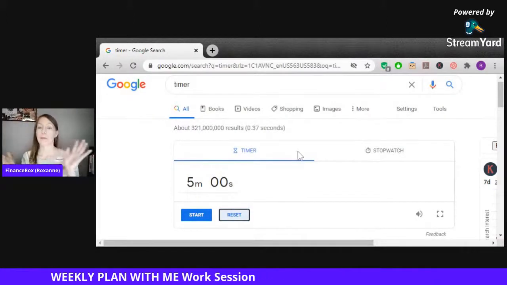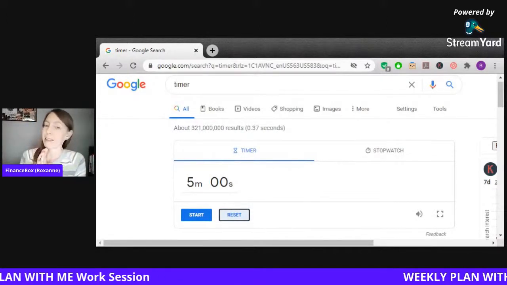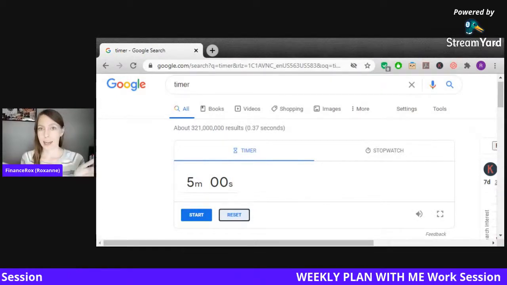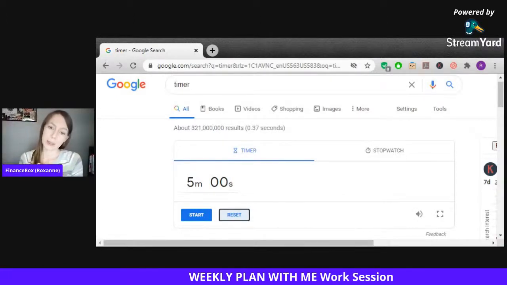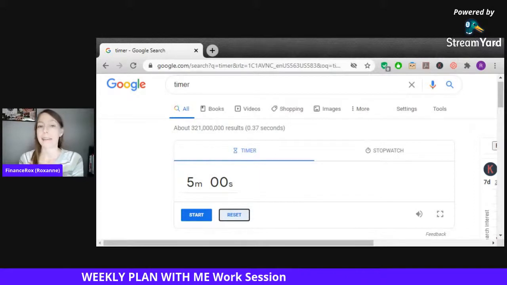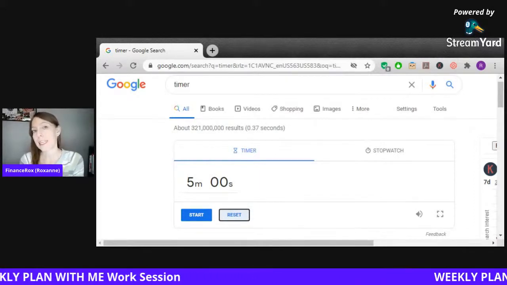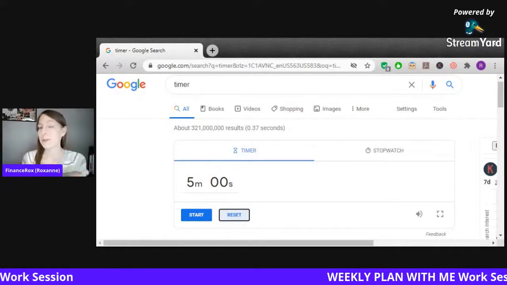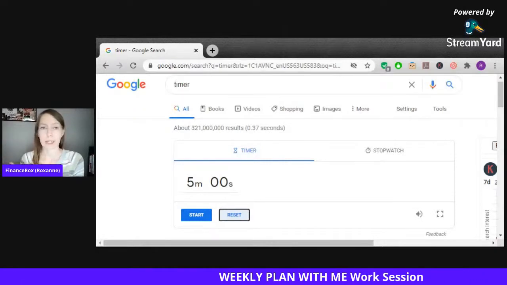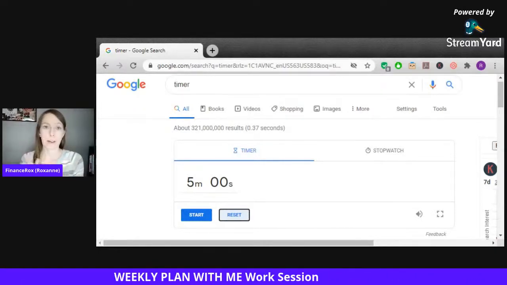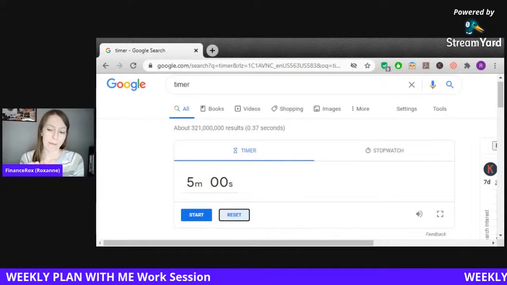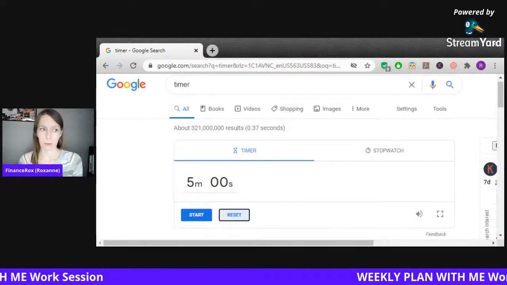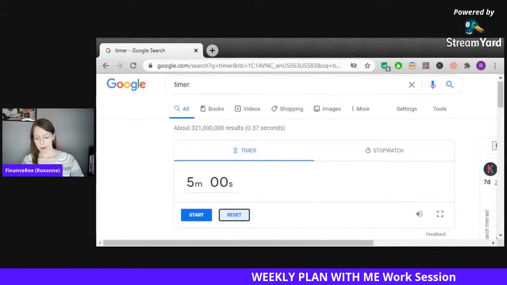Okay, so for the second silent work session, once again, you can work on any task that you need to do. It's a good time to work on side hustle projects. It's a good time to do budgeting, research, make phone calls or emails, if you have things that you need to do for your finances.